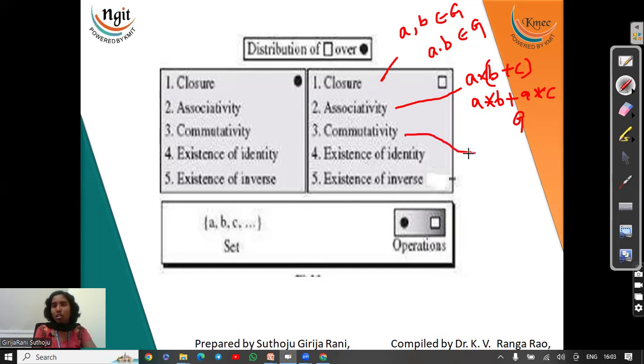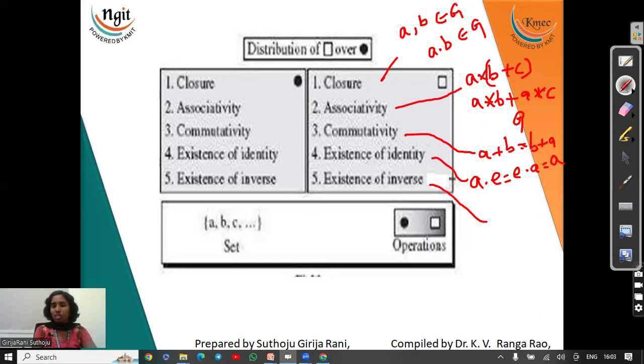A group is called commutative when A plus B is equal to B plus A, right? Identity is very simple: A into the identity element E equals E into A, which will be our element itself.